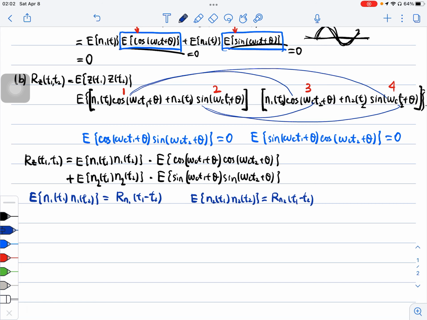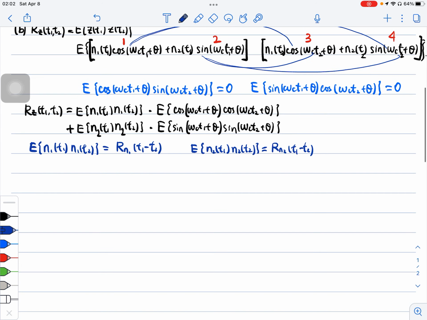We also have to introduce the product-to-sum trigonometric identities, which means that cosine A cosine B is half of cosine(A minus B) plus cosine(A plus B), and sine A sine B equals half of cosine(A minus B) minus cosine(A plus B).